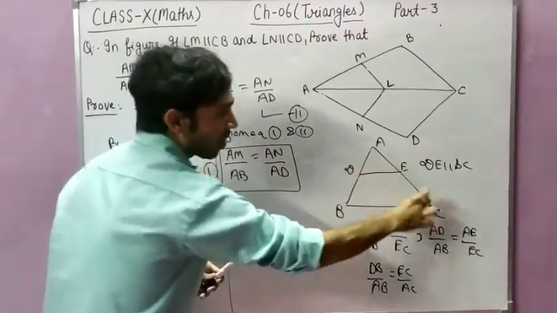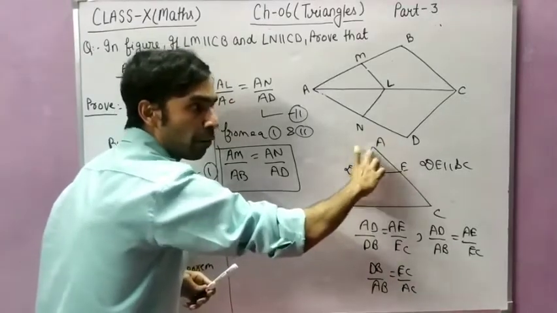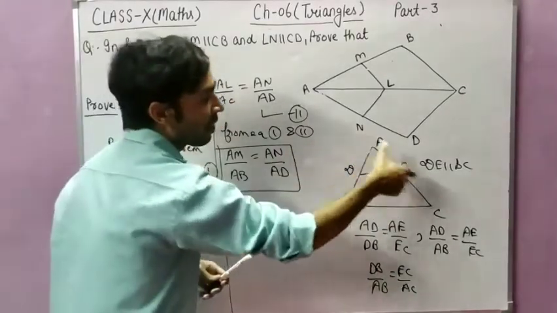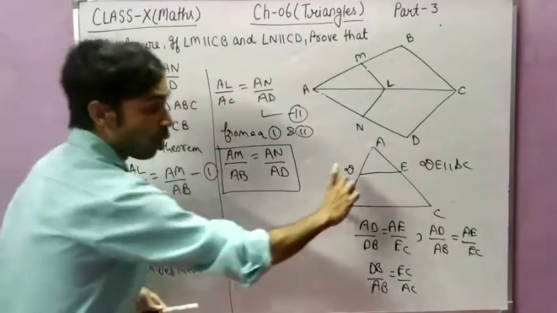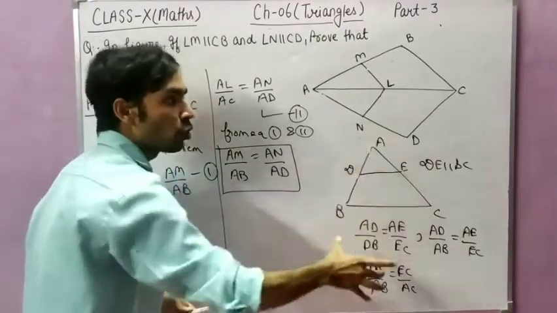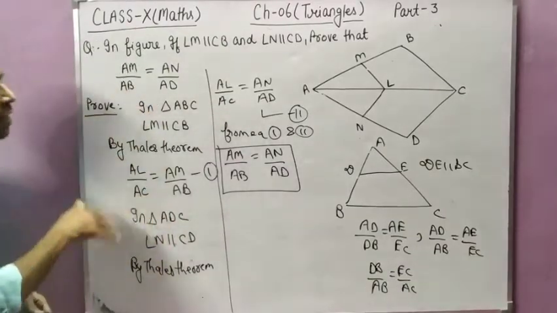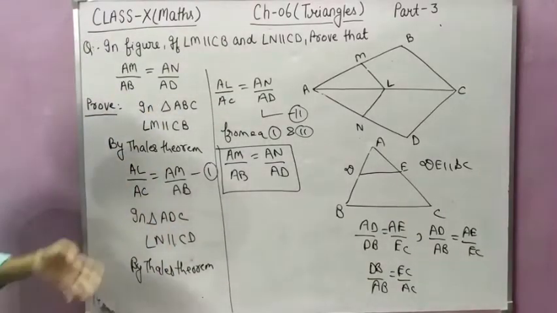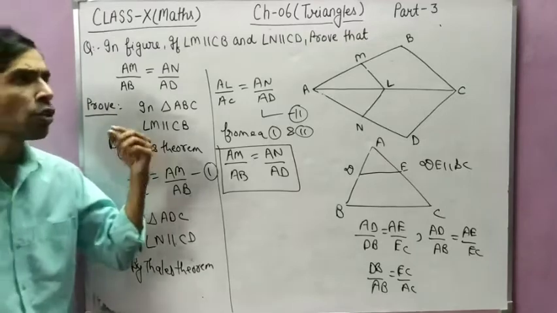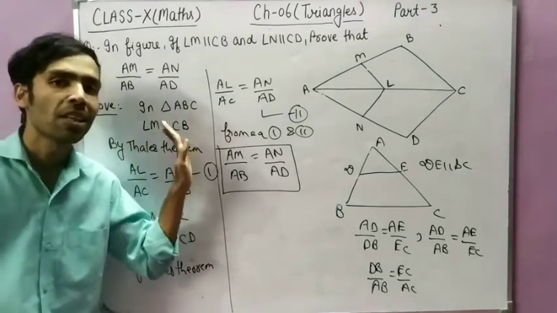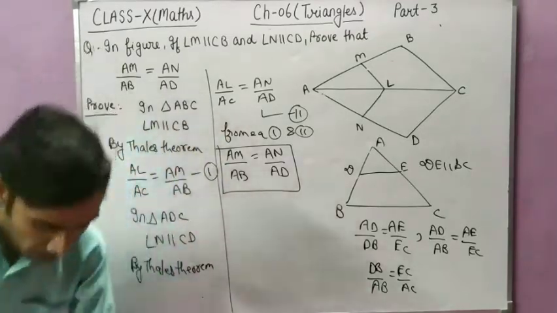When you see a triangle, the upper part divided by the full part is equal to the upper part divided by the full part. Similarly, the lower part divided by the full part is equal to the lower part divided by the full part. That way we can solve this type of question. So please note it down. When you solve 2 or 3 questions based on Thales theorem, you can easily understand. Okay, so note it down.